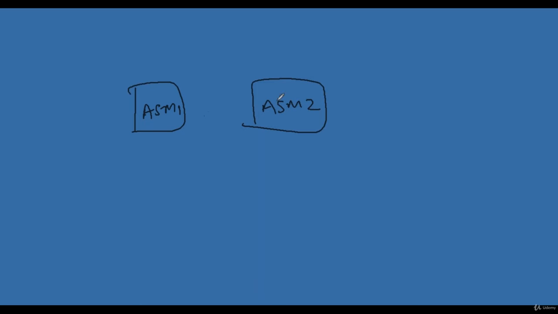And if for some reason the synchronization is not working, there is no point of having an HA, because when it fails over, it will not be able to handle the same traffic in the same way that ASM1 was handling when it was active.